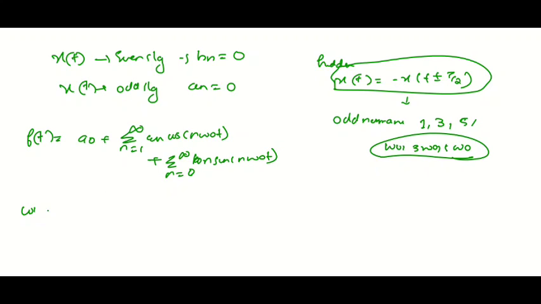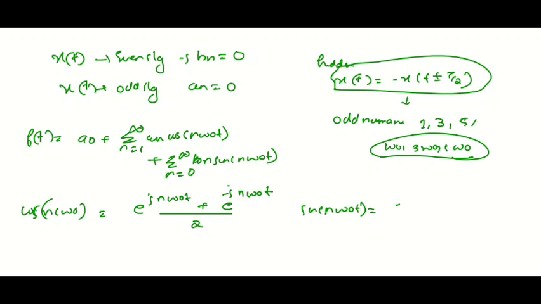And what is cos n omega 0 t? I can write it in the exponential form as e raised to j n omega 0 t plus e raised to minus j n omega 0 t divided by 2. Likewise, sin n omega 0 t, excuse my handwriting, I hope you are understanding this, is e raised to j n omega 0 t minus e raised to minus j n omega 0 t divided by 2j.